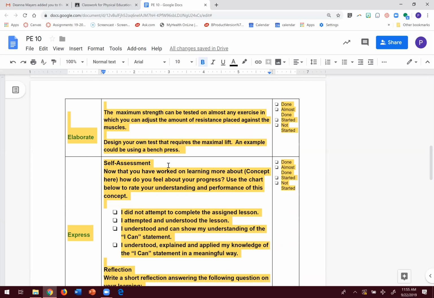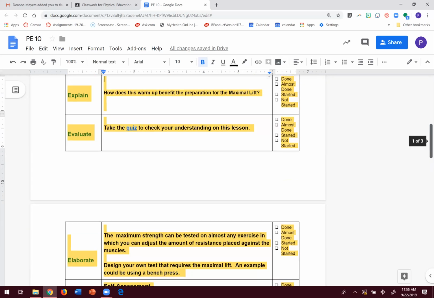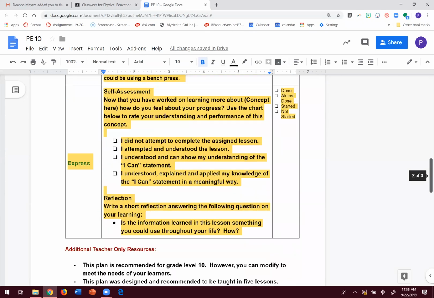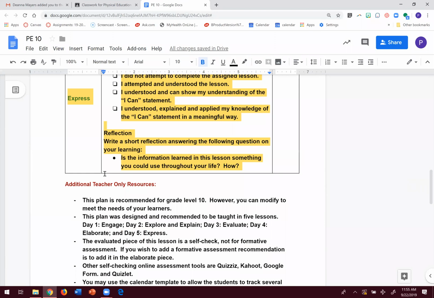This actually is an assignment that you would want to do on a Google Doc. Anything I ask you, just pretty much start to plan that you can put all your answers, your explain, your elaborate, and then you'll have an express. And it's just an opinion question. Is the information learned in this lesson something that you could use throughout your life?